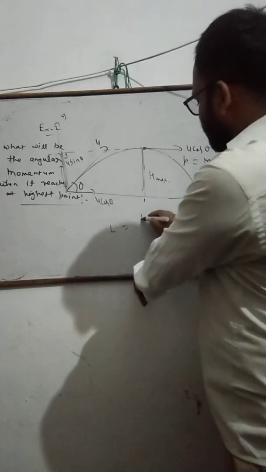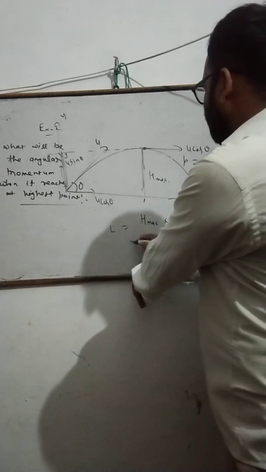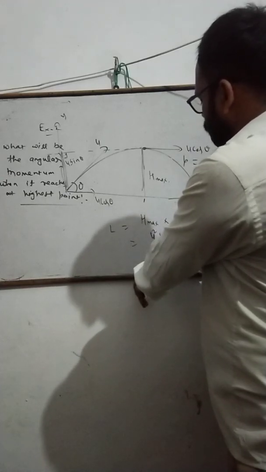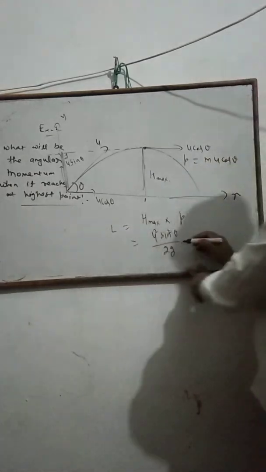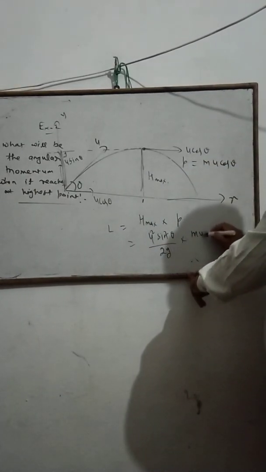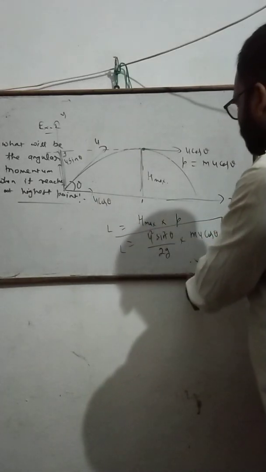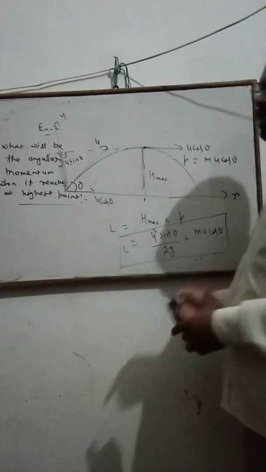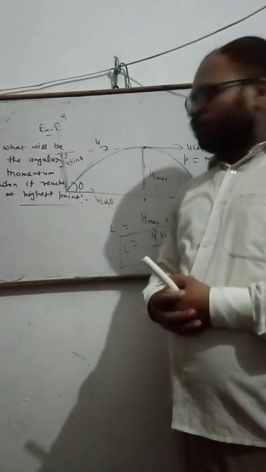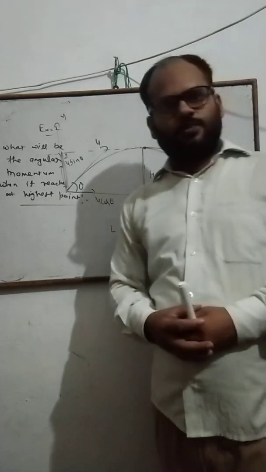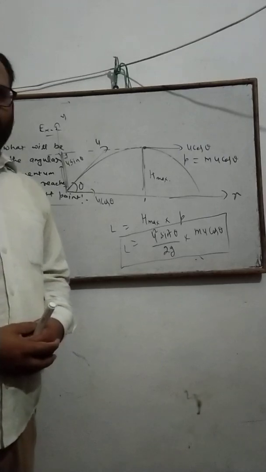So it will be h max into p, and this will be u square sin square theta upon 2g into m into u into cos theta, and this will be your final answer. Angular momentum at the top of the trajectory, you will find this answer. Okay, I hope you got my point and understood very well. Thank you.